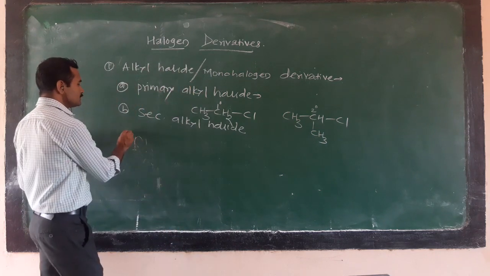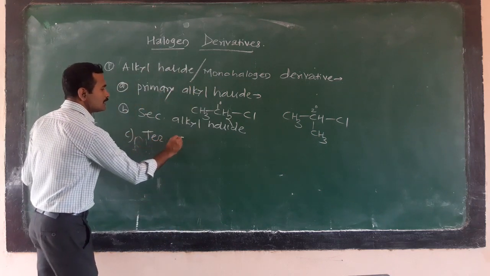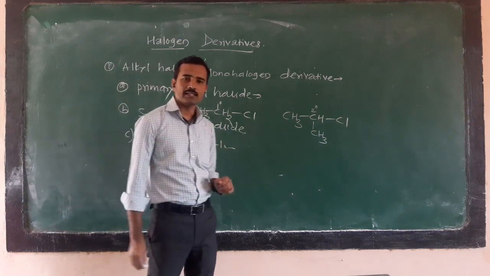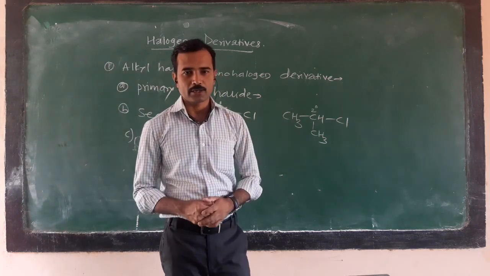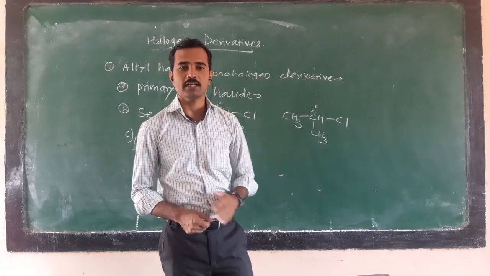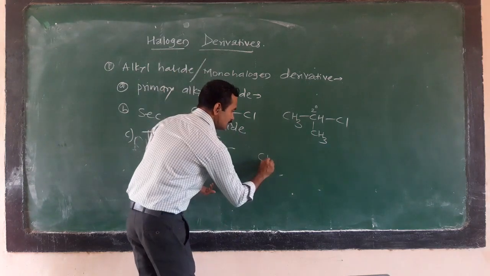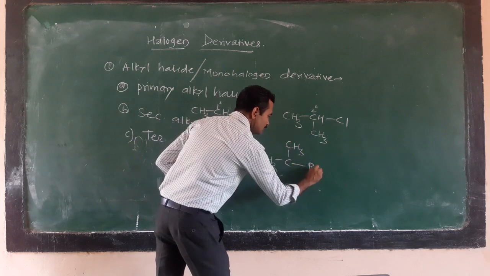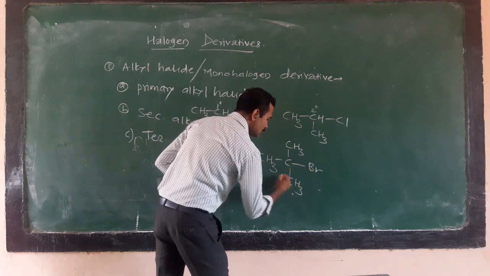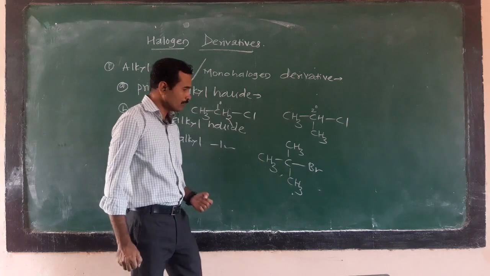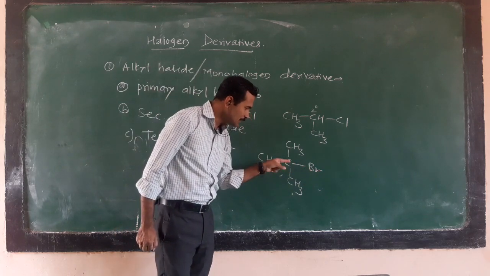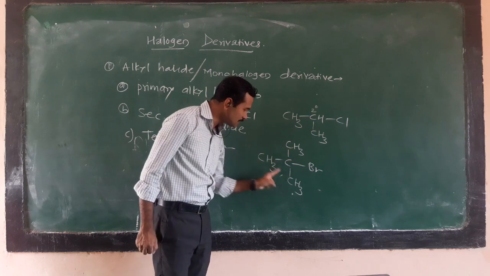The next one is tertiary alkyl halide. When a halogen atom is attached to a tertiary carbon atom, that becomes a tertiary alkyl halide. For example, here bromine is a halogen which is attached to this carbon, and this carbon is attached to another three carbons.